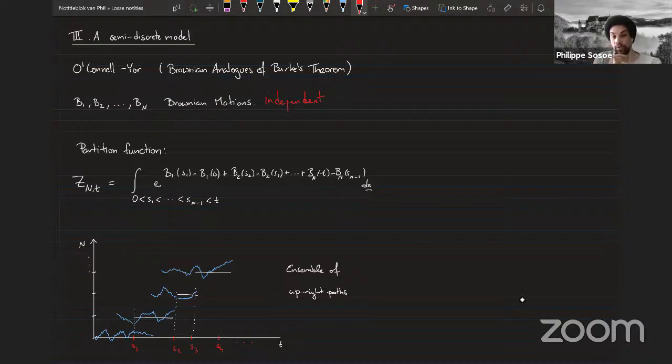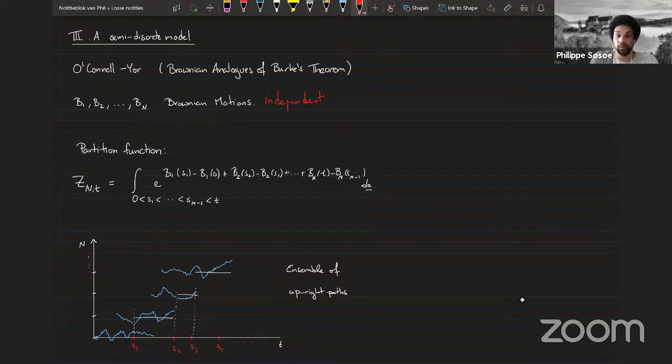For the second, we look at B2(s2) minus B2(s1), and so on. We always sum Bj(sj) minus Bj(s(j-1)), except that for the final Brownian motion, instead of sn we have t. That's the partition function we're going to be looking at.